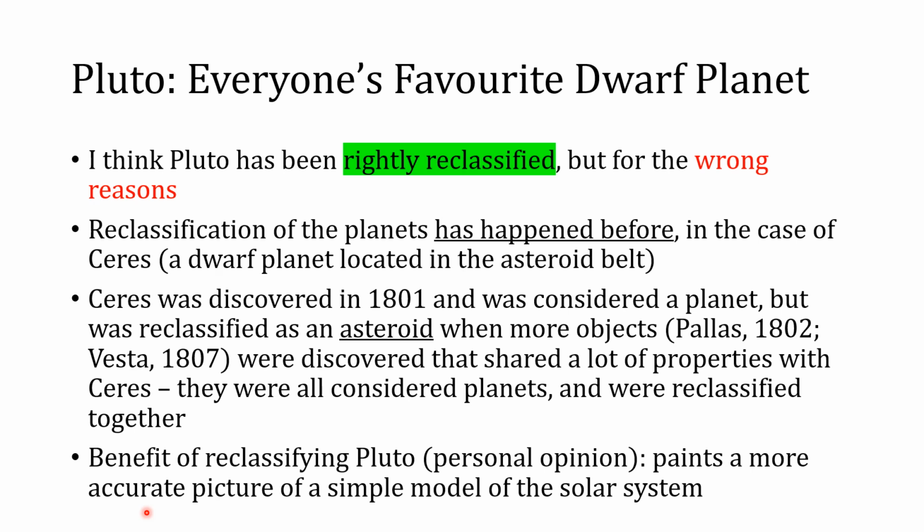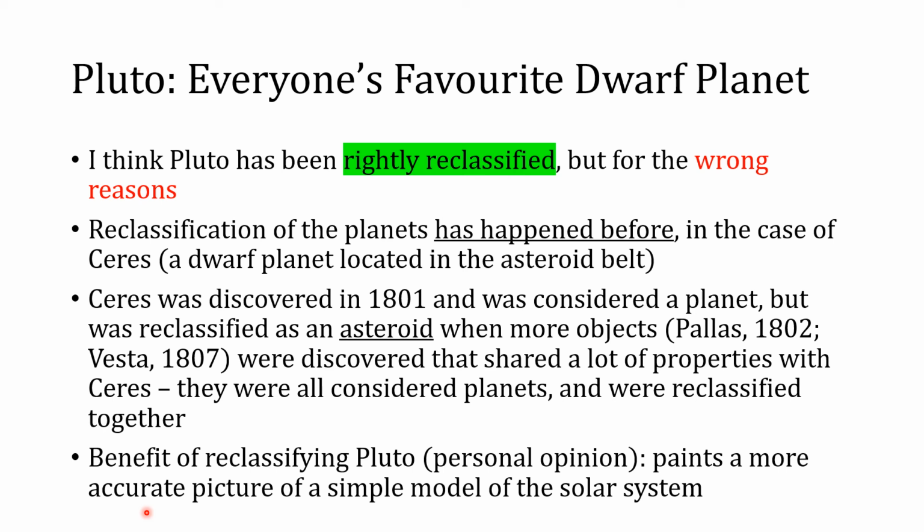So they reclassified them as asteroids, and maybe there was some pushback from the public in 1810, 1820, I don't know. But nowadays we're all totally fine with it, right? And in fact, most of us have never heard of these objects, Ceres, Pallas, Vesta. So I think it's a similar situation for Pluto, in that they found one, Pluto. It's a pretty big one.